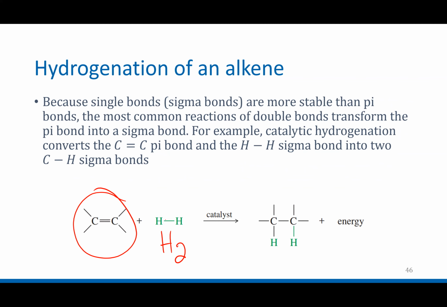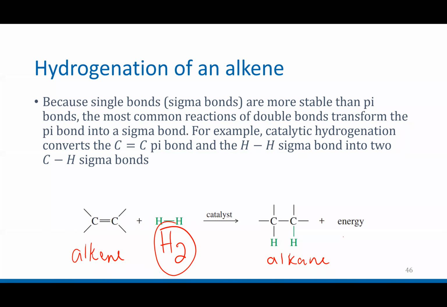If I have a double bond and I add H2 to that double bond, the double bond will break, and the extra electrons on the carbons, the now not bonded electrons, will grab onto a hydrogen each, and I'll get an alkane. So basically, if you add hydrogen gas to an alkene, you would get an alkane. That's the summary of what's happening here.